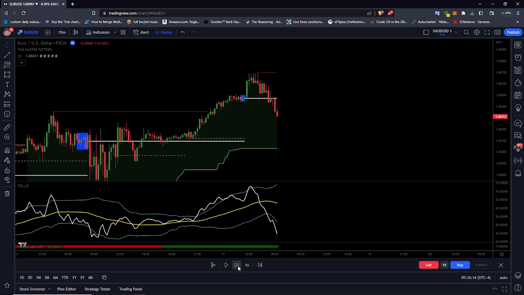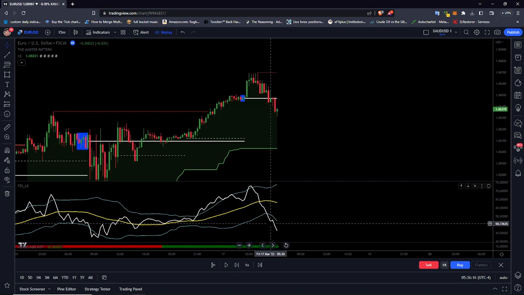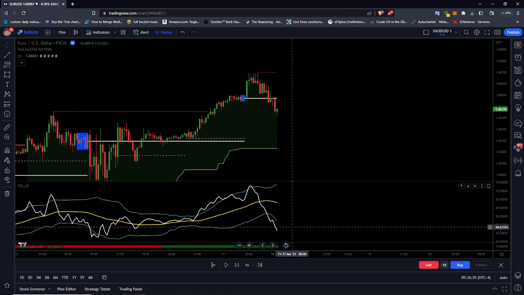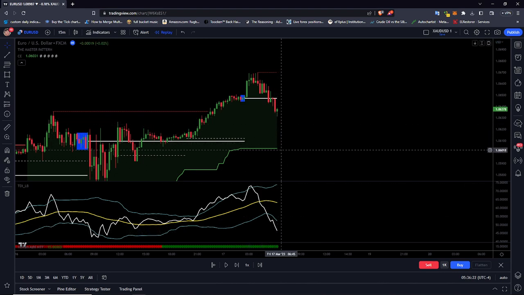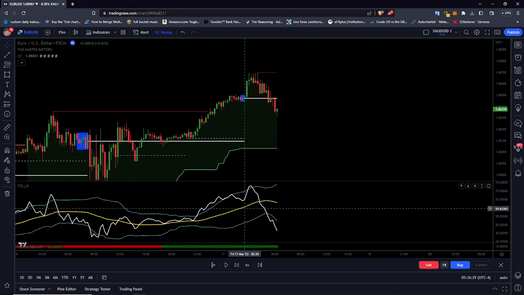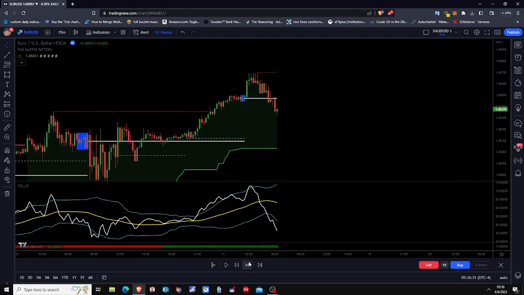We are waiting. We are timing. You see, we are out of the band, waiting for the TDI to get back inside the band. And we have this indicator line now to help us with the timing, and also with the stop loss placement, right?